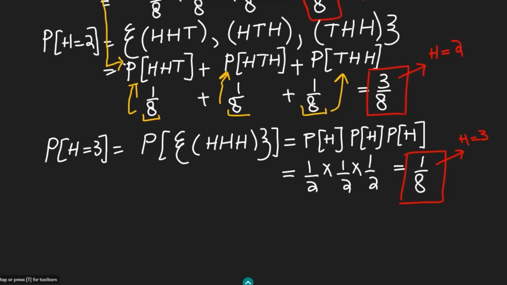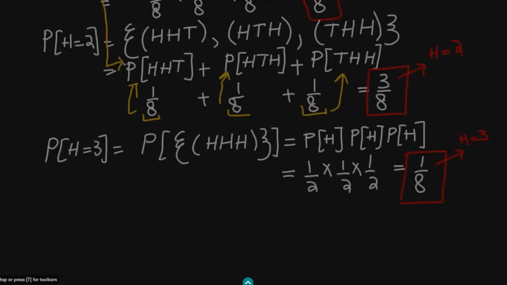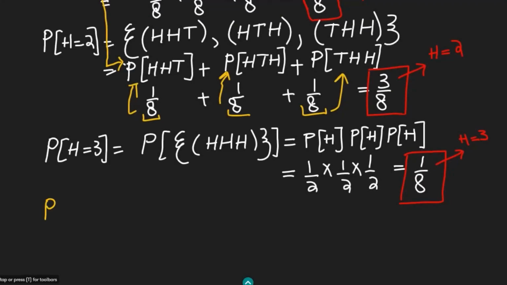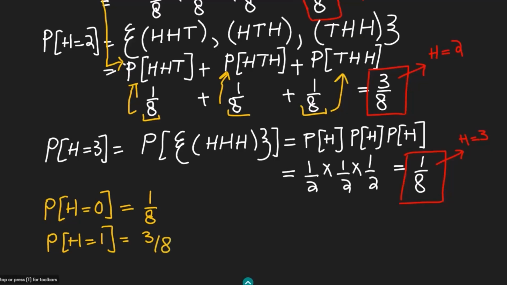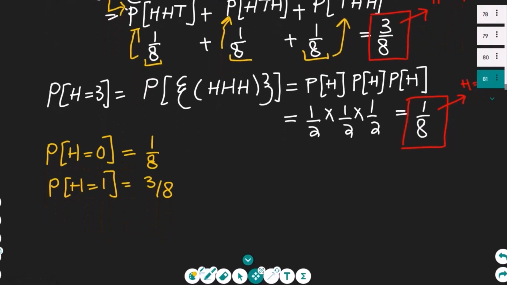Here we have found out different values, so let me write them down. The probability of heads equal to 0 is 1 by 8. The probability that heads is equal to 1 is 3 by 8.